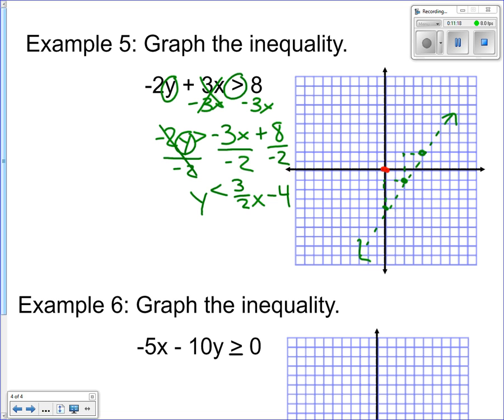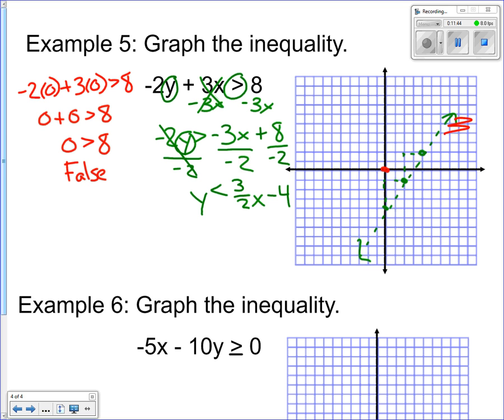So I want to see, is negative 2 times 0 plus 3 times 0 greater than 8? So 0 plus 0 greater than 8. 0 is greater than 8. Is that true? No, that is false. Since that is not true, 0, 0 is not part of my answer, so it can't be above.